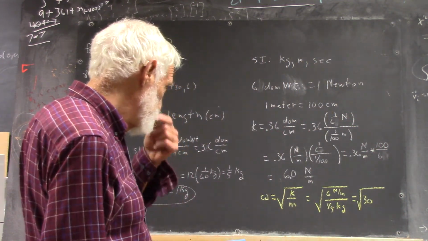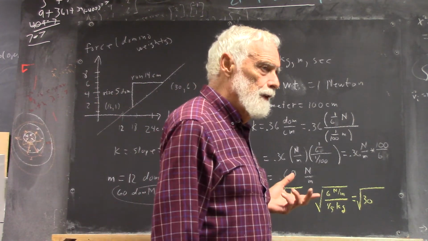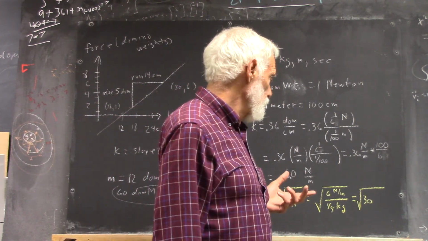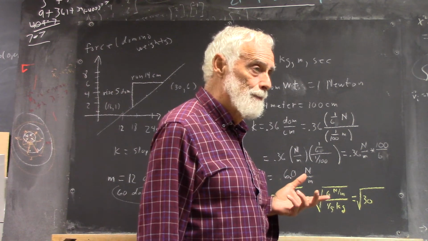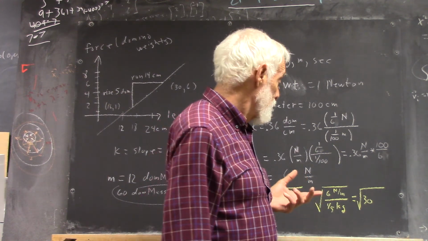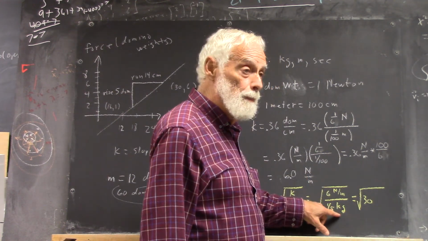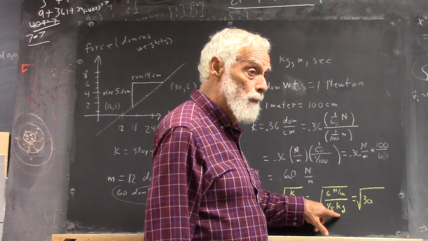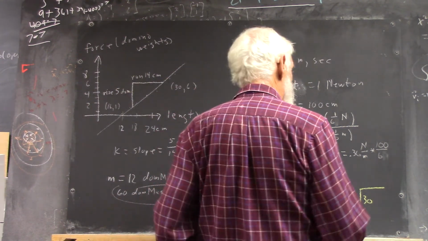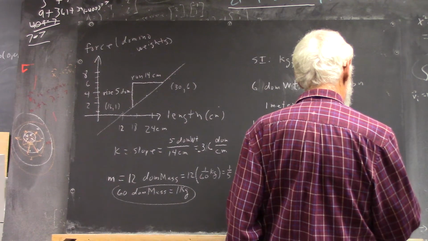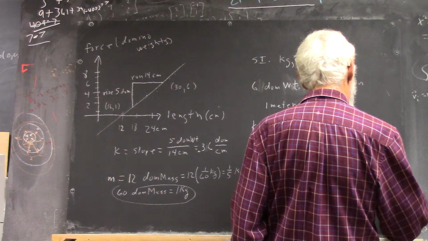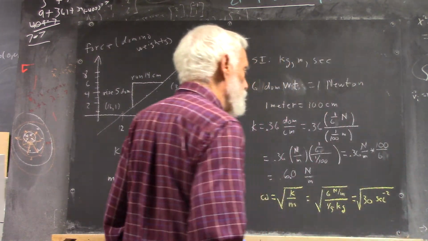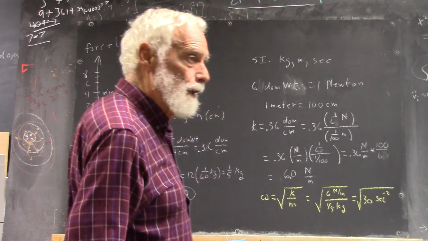And as you're going to see, probably shortly today or at least next time, when you divide the newton per meter by the kilogram, you get reciprocal squared seconds, seconds to the -2 power.